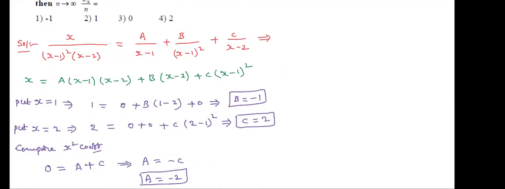Minus 2 divided by x minus 1 plus minus 1 divided by x minus 1 whole square plus 2 by x minus 2.